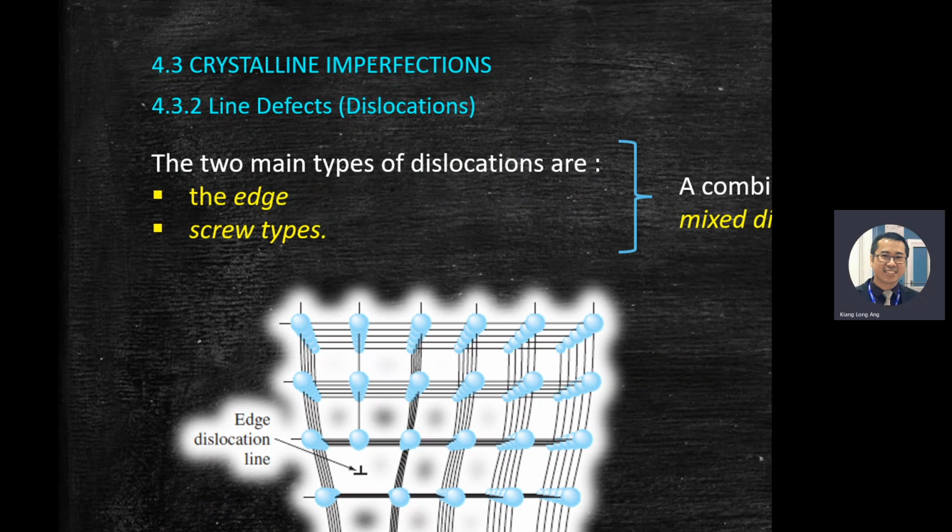And you give it a symbol, inverted T. What do I mean by inverted T? It means it stopped at this location. It means the complete crystal structure or complete atom site stops here. The rest will lack a row of atoms.